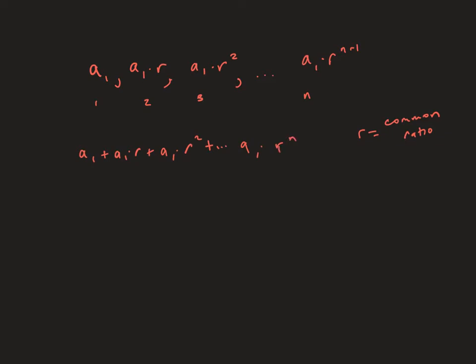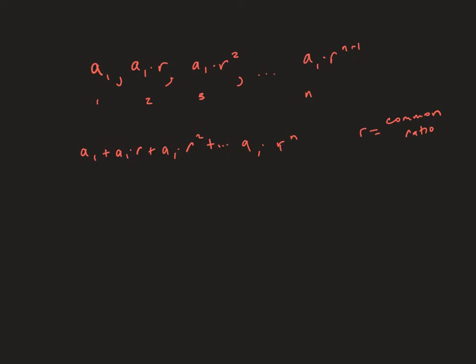Now we can look at a proof of the formula for calculating the sum of a geometric series when we have a finite number of terms, let's say n. We can write the sum of a geometric series more simply by using this big capital sigma, which is a Greek letter that means sum. Down at the bottom, we write what we call our index. We can choose any letter, let's say k.